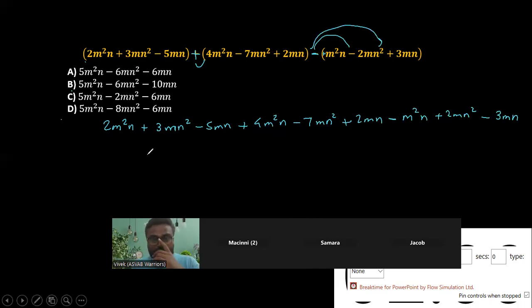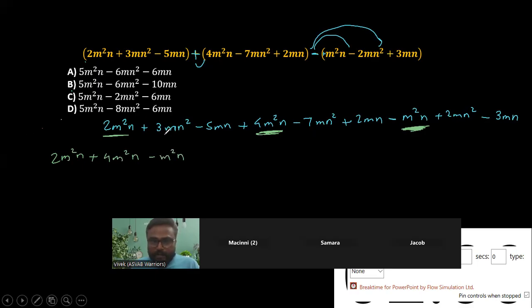like terms. Now, everything over here is having m and n only, but you need to check the powers. So let me check m square n, m square n, m square n. So I'm just going to combine these three first. So 2m square n plus 4m square n minus m square n.